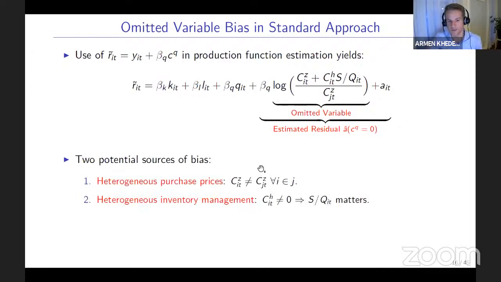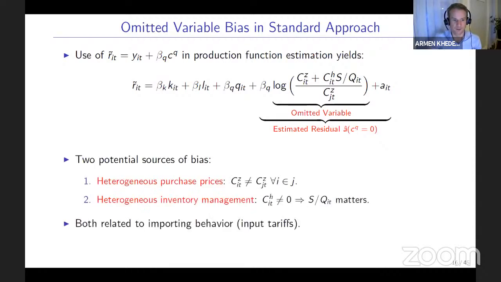One is a more trivial one: the purchase prices might be different across firms. But the more interesting and more novel one that we're pointing to is that because these holding costs are non-zero, the heterogeneity in inventory management and in the inventory usage ratio also matters.